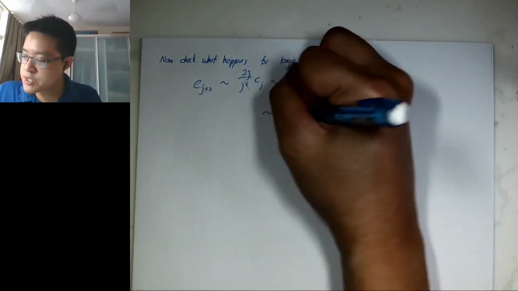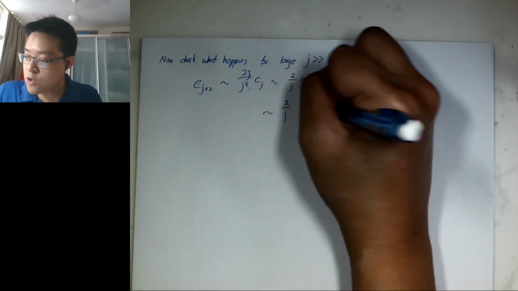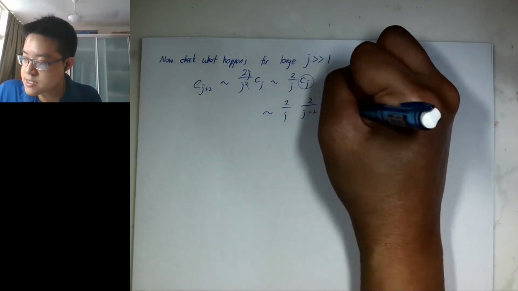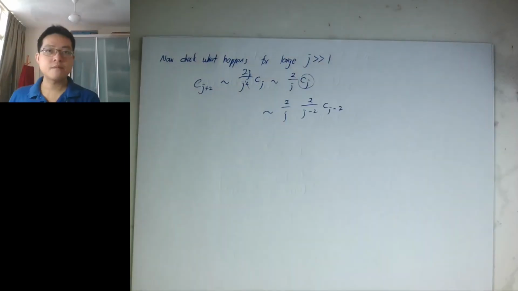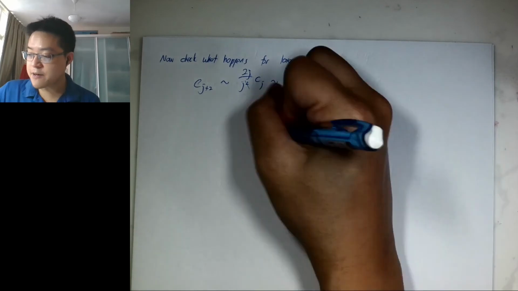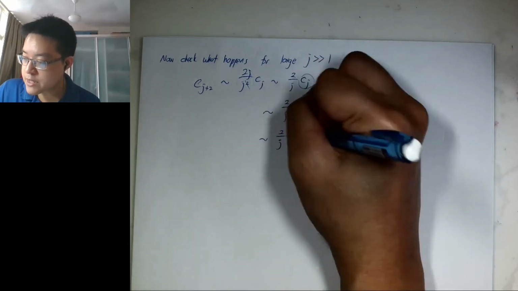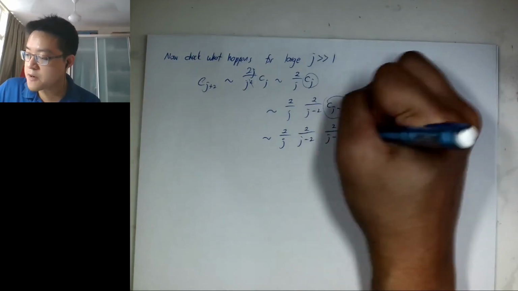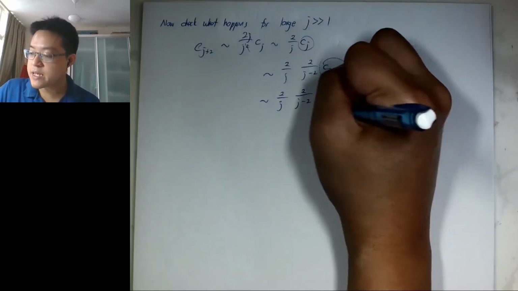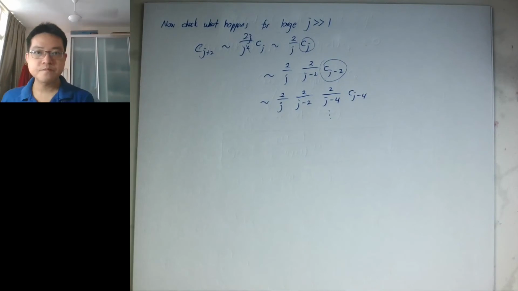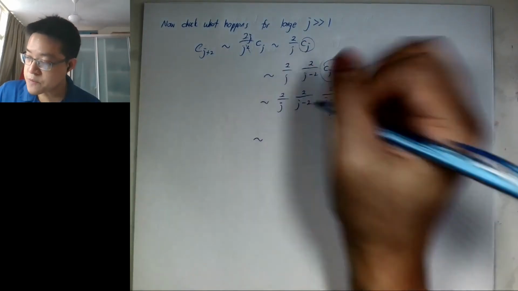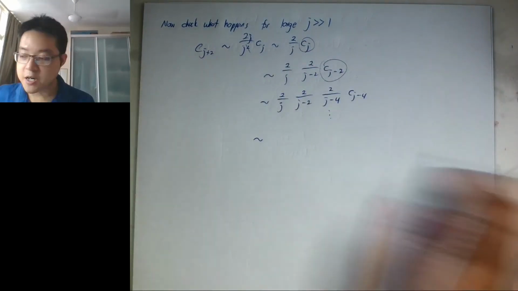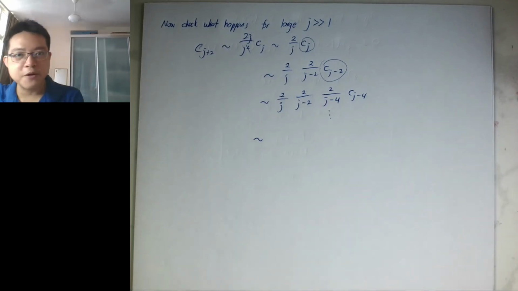So 2 over j, Cj is itself 2 over j minus 2, Cj minus 2, am I right? And then Cj minus 2 itself, I can apply the formula again. This is 2 over j minus 4, Cj minus 4. So you can keep on applying the formula, and because j is very large, you can keep on going down, going down, going down.